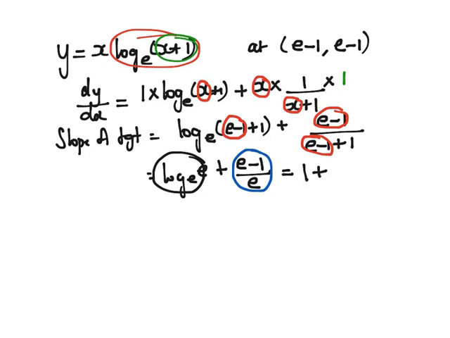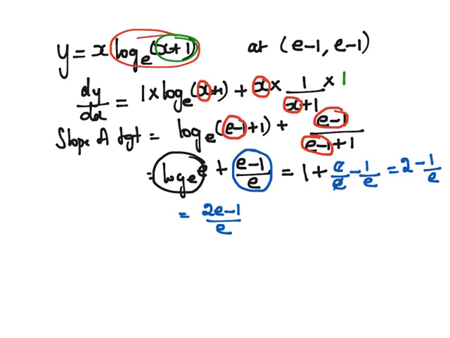I'm going to write it as e by e minus 1 by e. Now this will become 1, so basically I get 2 minus 1 by e, which is nothing but 2e minus 1 by e. Quite complicated, isn't it? So this is the slope of the tangent.